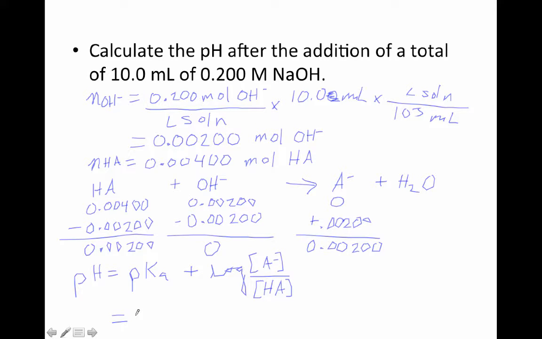The pKa is the negative of the log base 10 of the Ka, which in this case is 6.5 × 10^-5.